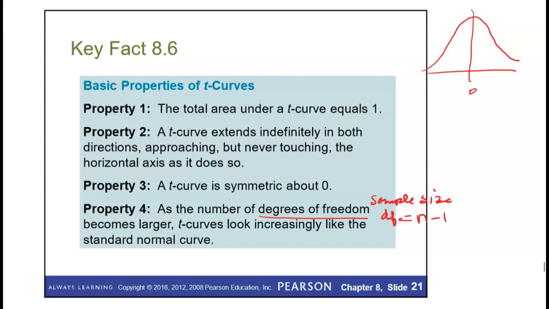So our t-curve tends to be very narrow when we have very small degrees of freedom. But as the degrees of freedom get larger, our t-curve starts to look exactly like our normal distribution.